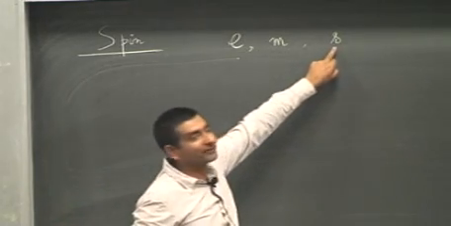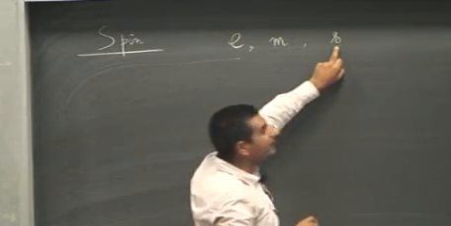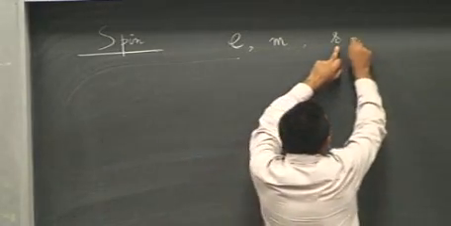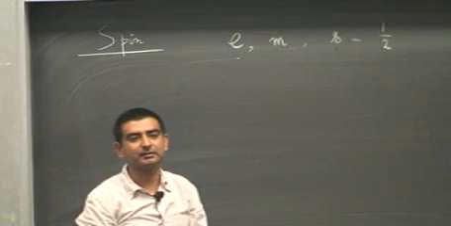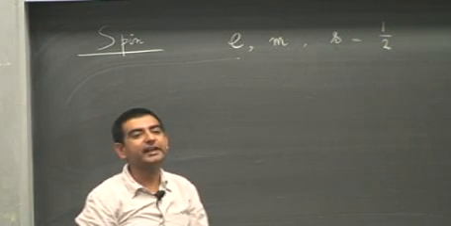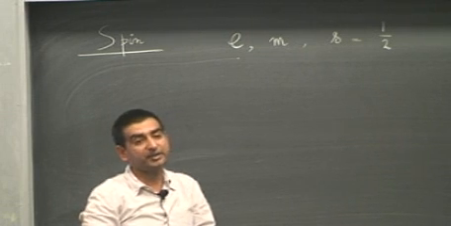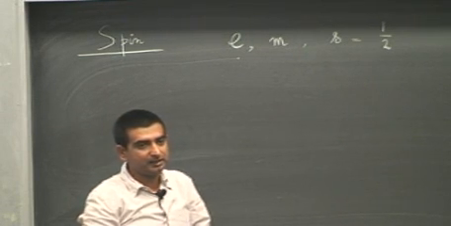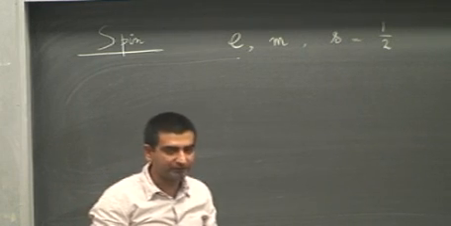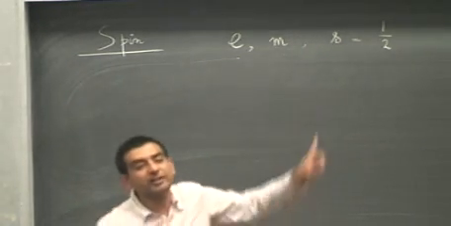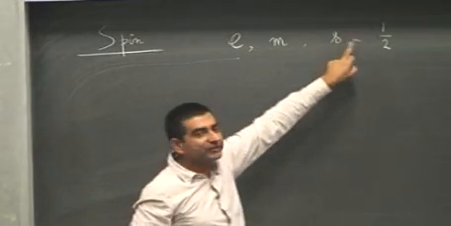So this small s for an electron takes a value 1/2, and we say that the electron is a spin half particle. It's a spin quantum number with a small s equal to half.